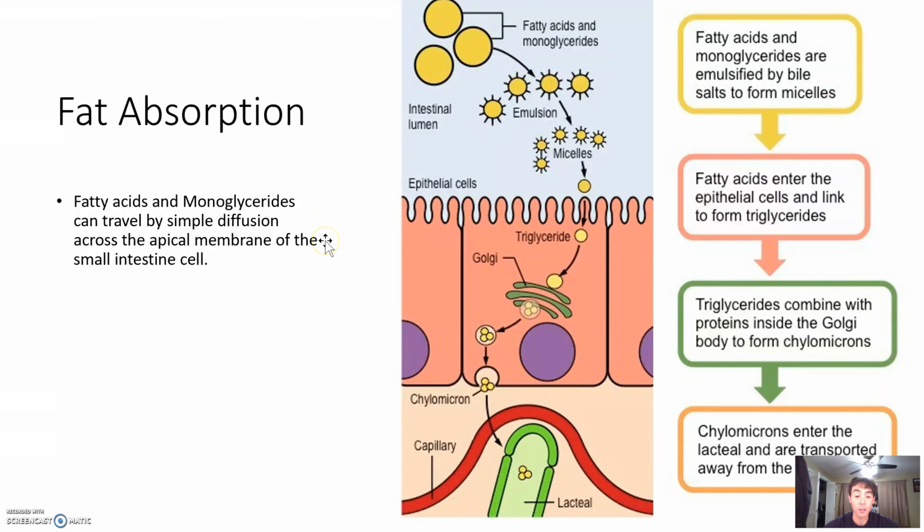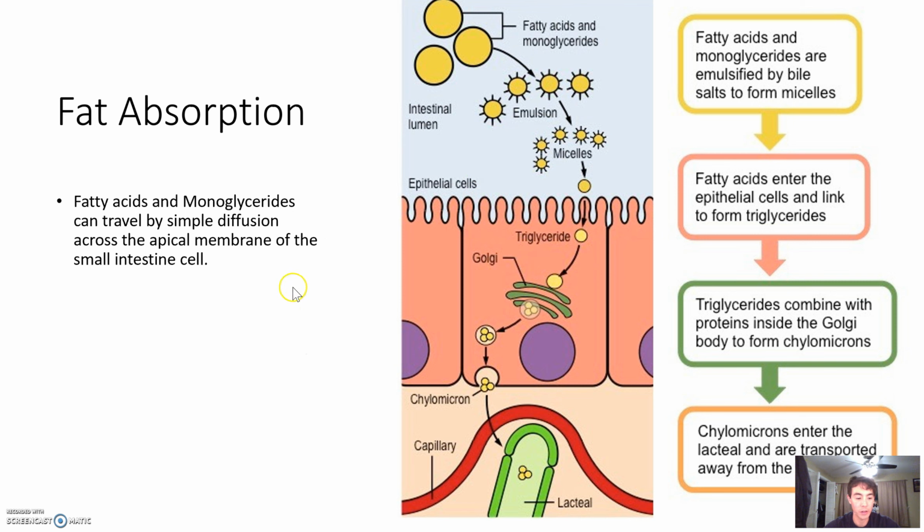However, cholesterol is a slightly different story. Cholesterol is transported into the cell via a transporter called NPC1L1, and cholesterol will meet with the fatty acids and monoglycerides once they're both inside the cell.